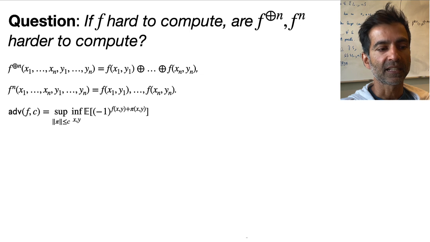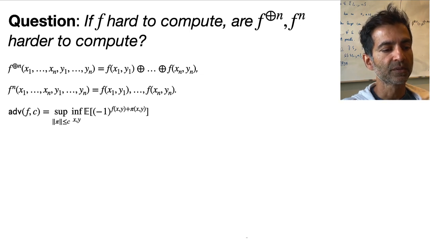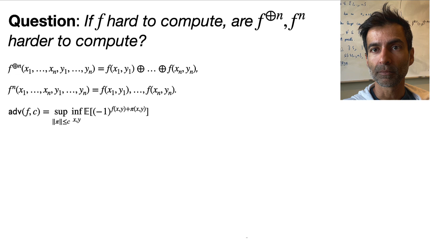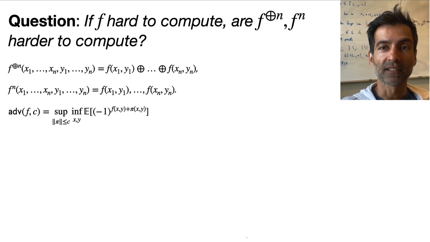And throughout, it'll be helpful to define the quantity, the advantage of f against C-bit protocols. This is the maximum advantage that any C-bit protocol can have for computing f on the worst input. Okay, that's what this quantity measures. So the advantage is always at least 0, because if the protocol simply outputs a random bit, then that would give you 0 advantage.